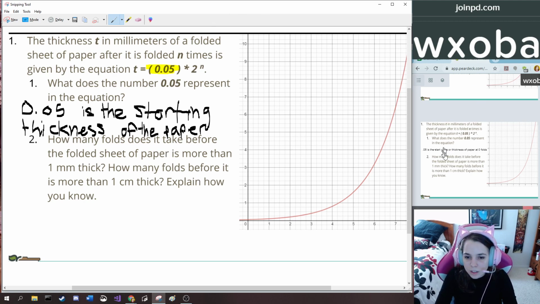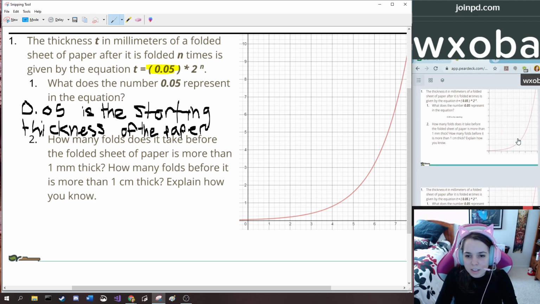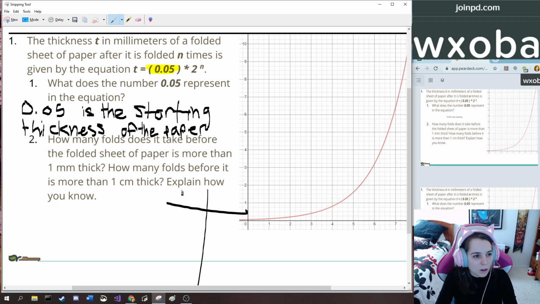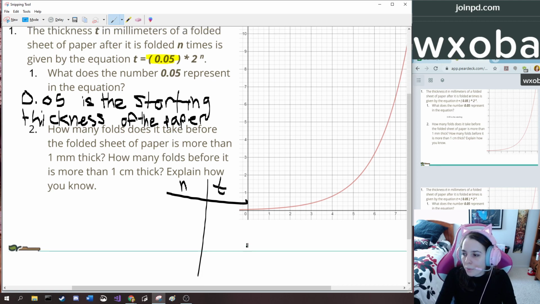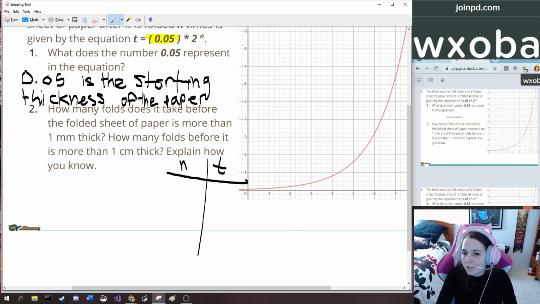Okay, so then the question is, how many folds would it take? So I'm curious how you'd solve this. There is a graph here. There's an equation. You could also make a data table to solve this question. So there are three ways to solve this question. I'm interested in how you solve it.